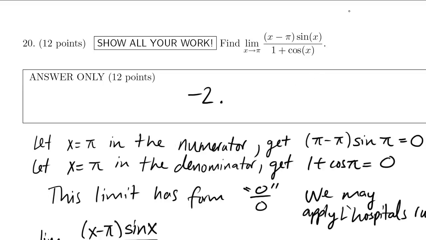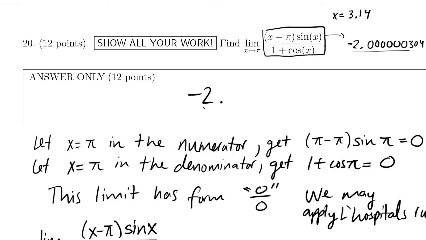When I put 3.14 in for x, which is pretty close to pi, this entire expression comes out to be 2 point, wow, there's a lot of zeros, six zeros, and then some junk. And, oh, sorry, there's a negative in front as well. So that convinces me that I do have the right answer.